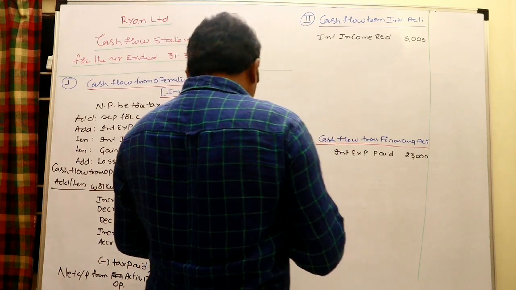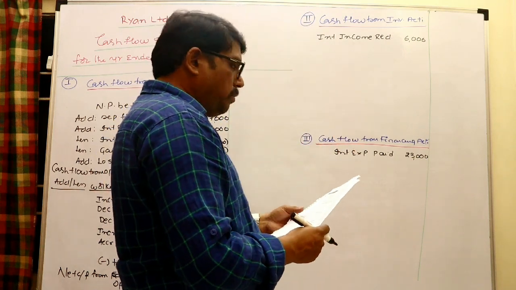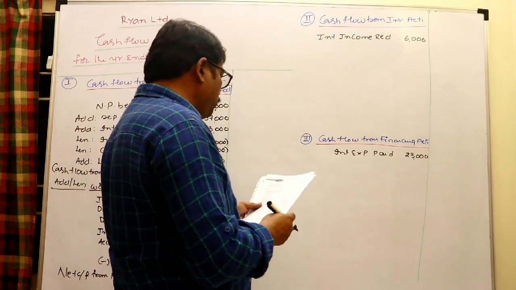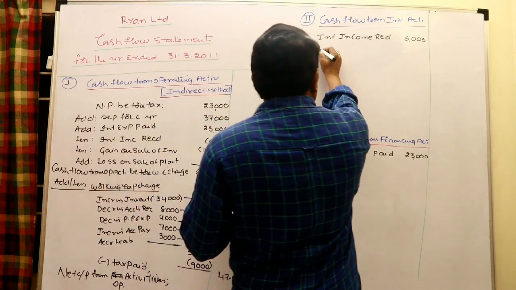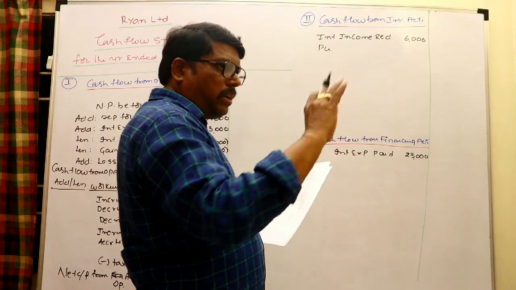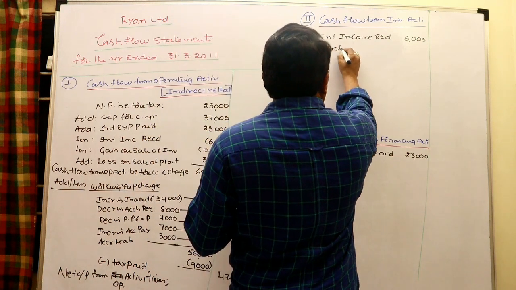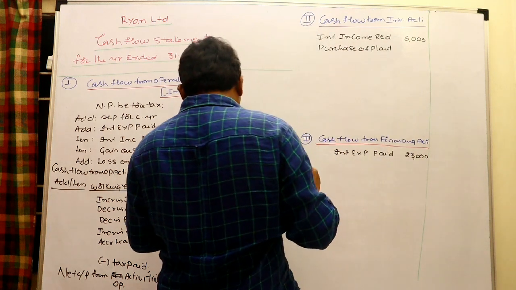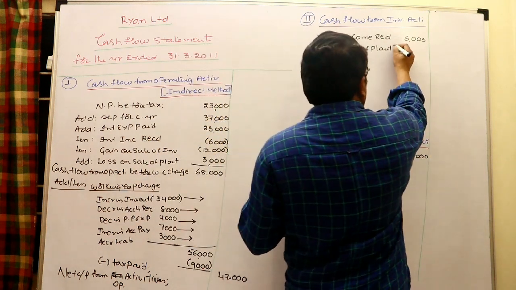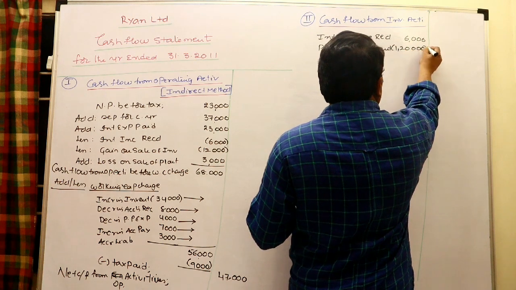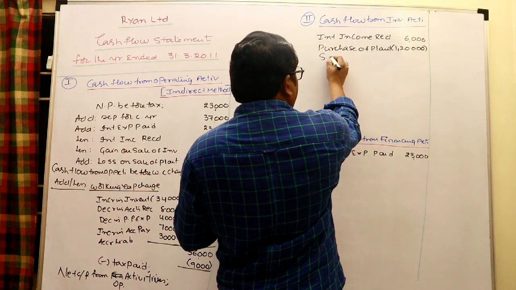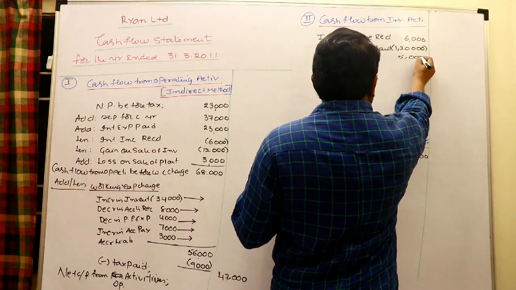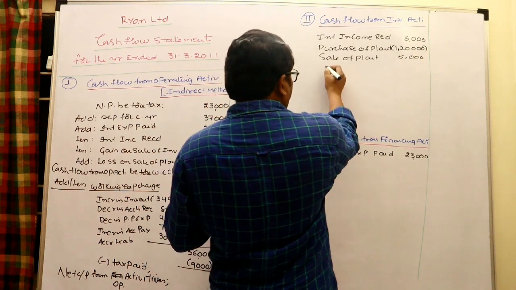Come to the cash flow from investing activities. We know that there is a purchase of plant, sale of plant, purchase of investments, sale of investments. All of that we should take here. Purchase of plant, 1,20,000. Sale of plant, cash received 5,000.